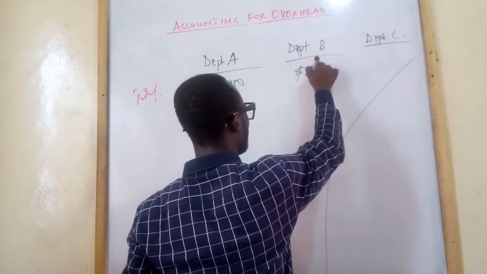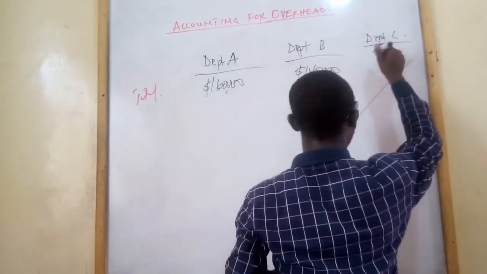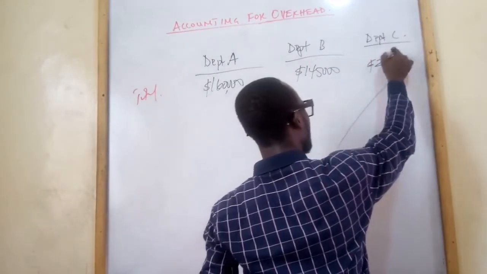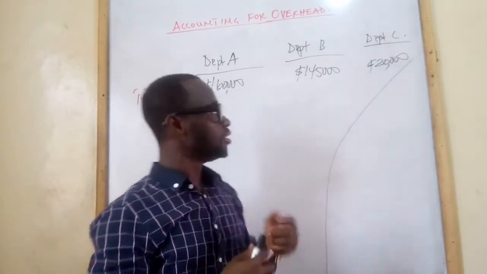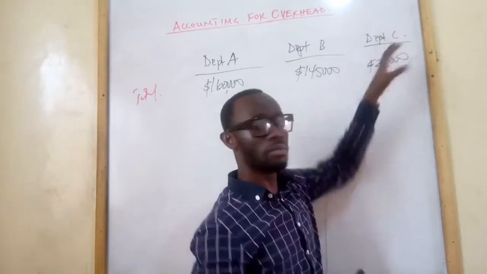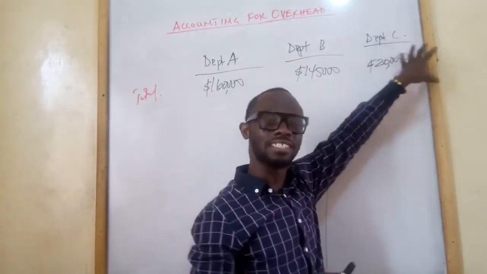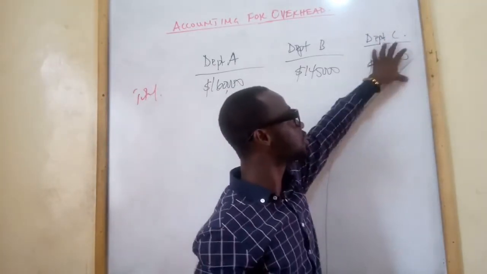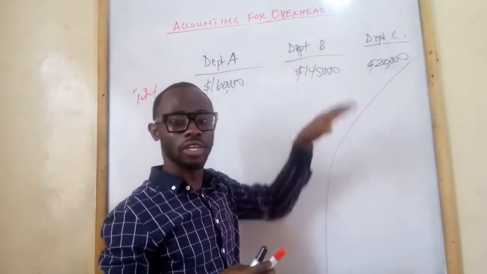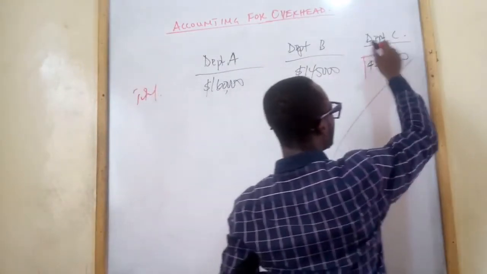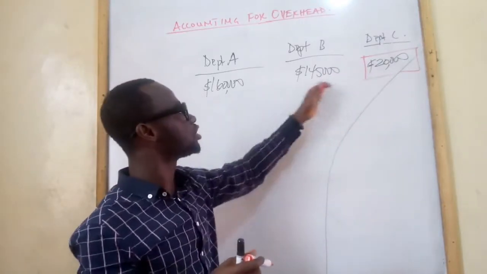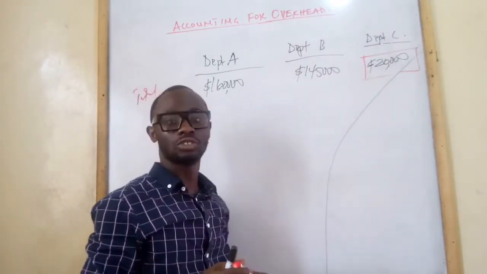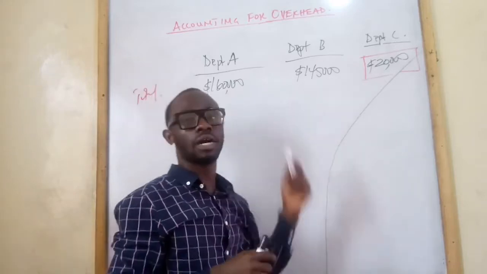For department B, let's say $145,000. And the department C, which is the service department, is $20,000. What we are saying here is that this department C doesn't exist for its own. It exists to provide services for these 2 departments. So its total cost, that is the $20,000, should be reapportioned to department A and department B.